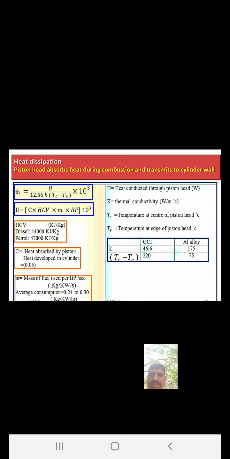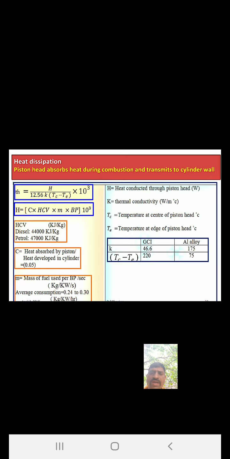This value is given: diesel has 44,000 kilojoule per kg, and petrol 47,000 kilojoule per kg. What is the C? C is the heat absorbed by the piston divided by heat developed in the cylinder. This value is about 0.05.